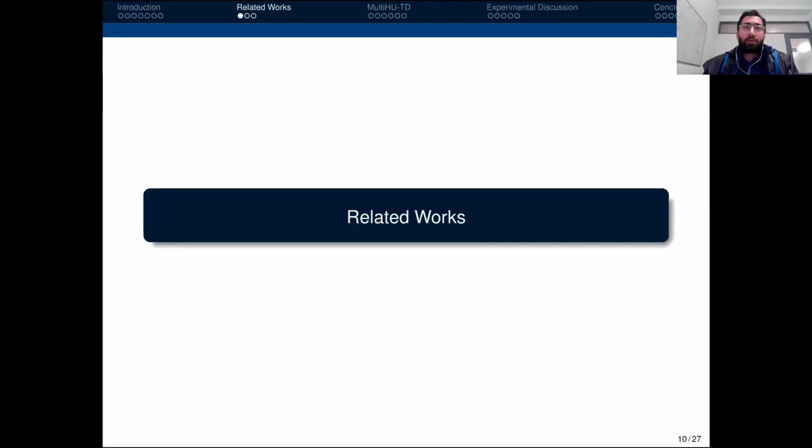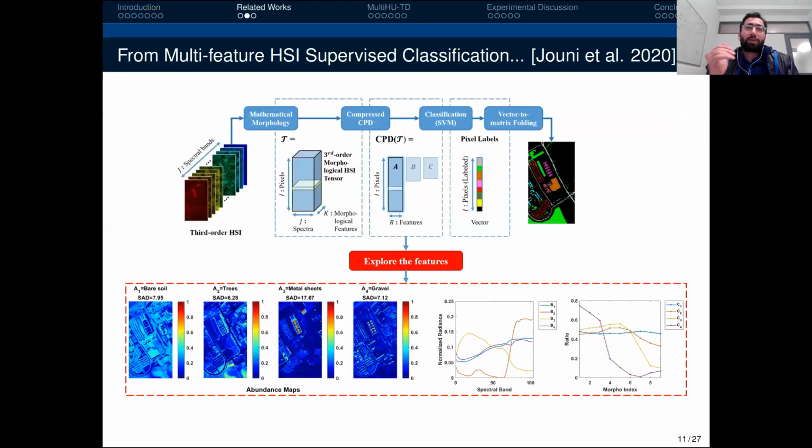And so for the related works, first, this work was inspired by our previous work, which was about hyperspectral supervised classification. In this case, we were only interested in the matrix A, which represents the abundances. So what we saw is that we can have a third order morphological hyperspectral image, or even a fourth order.